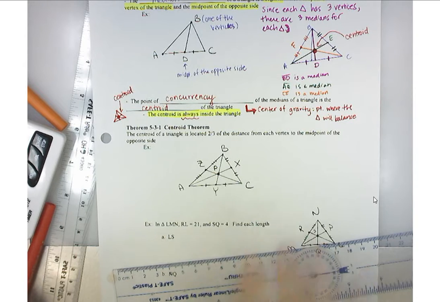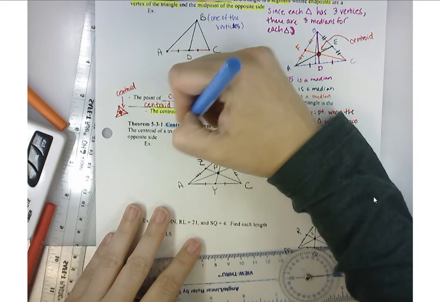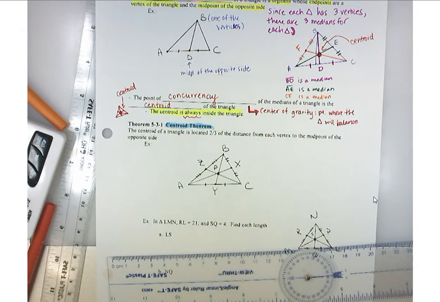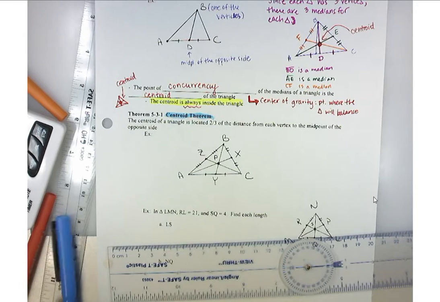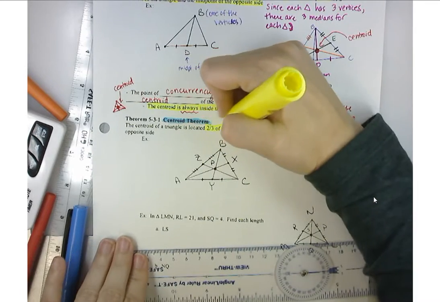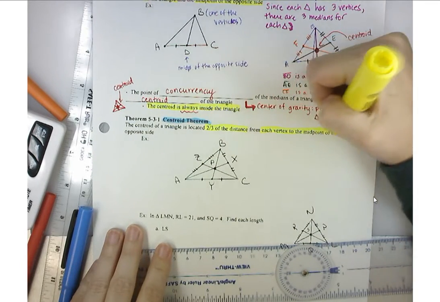Now, the centroid is also special, and it even gets its own theorem because of this special rule. And we call this the centroid theorem. So the centroid of a triangle is located 2/3 of the distance from each vertex to the midpoint of the opposite side.